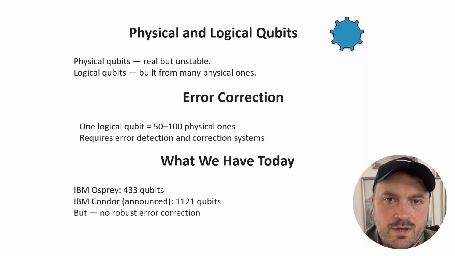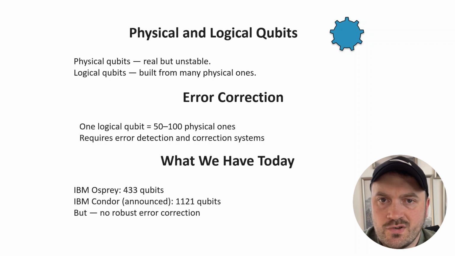But there is a big problem. Physical qubits are very unstable. They last only fractions of a millisecond. They can be disrupted even by a weak electromagnetic noise.